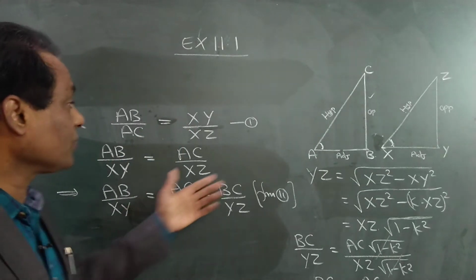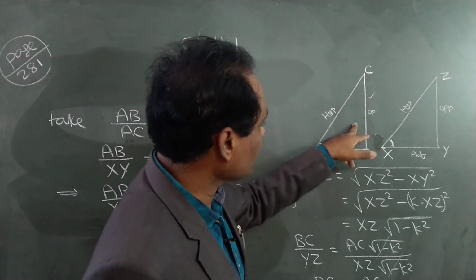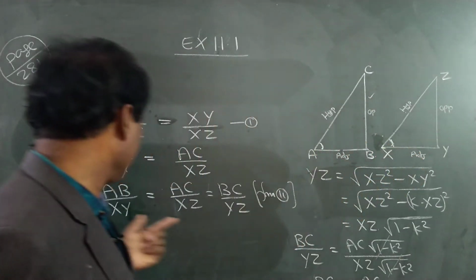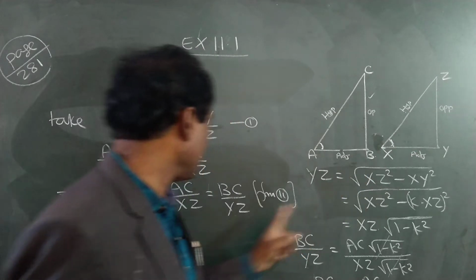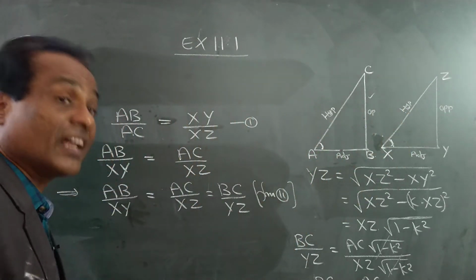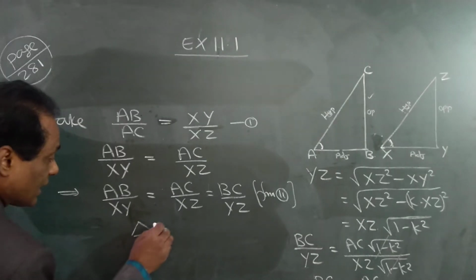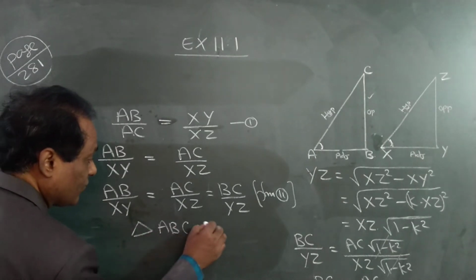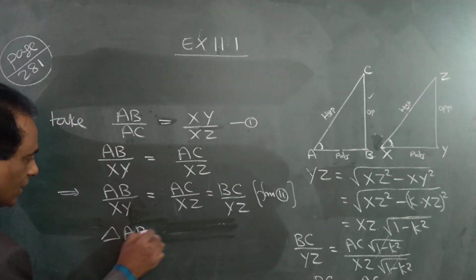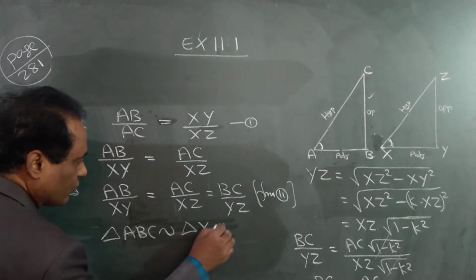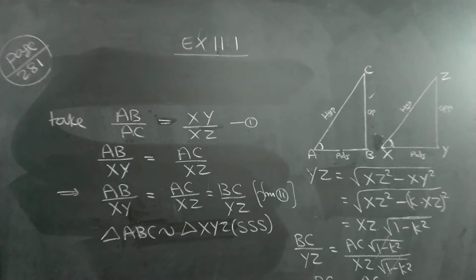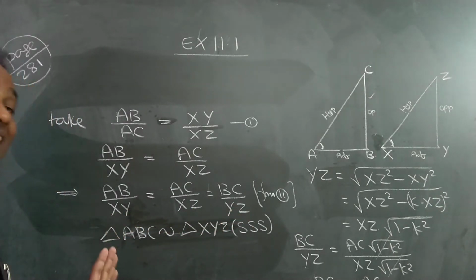If the ratio of these three sides are equal, then triangle ABC is similar to triangle XYZ. This is SSS similarity. So if the ratio of the sides are equal, the two triangles are similar.